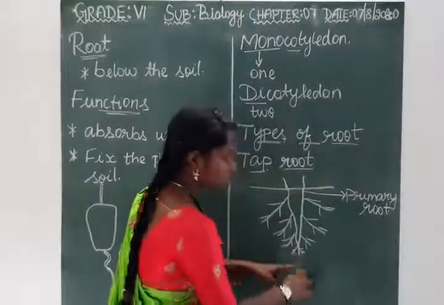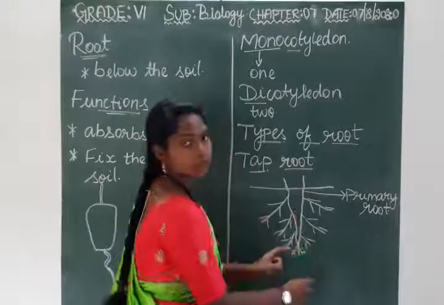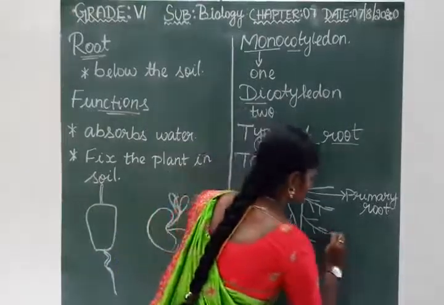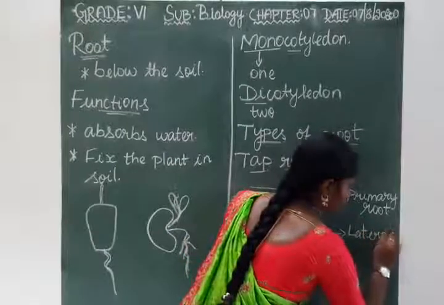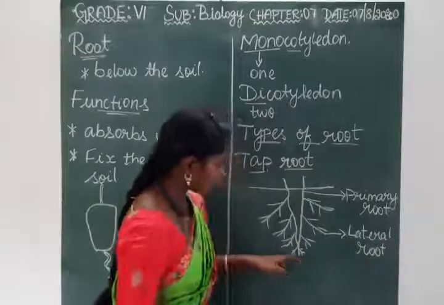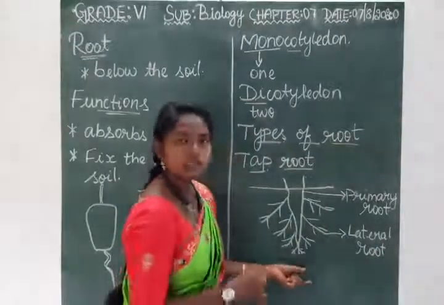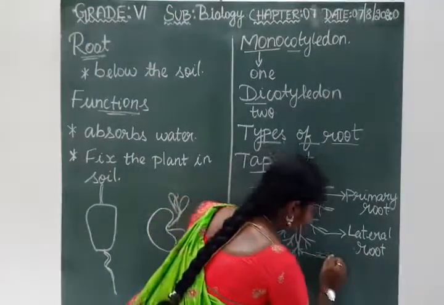The main branch is called as primary root, and the branches arising from the primary root are called as lateral roots. And the small hairs in the lateral roots are called as root hairs.